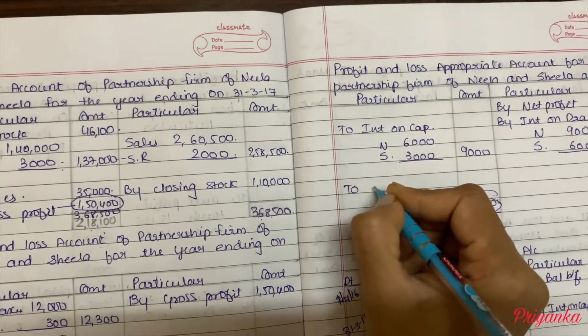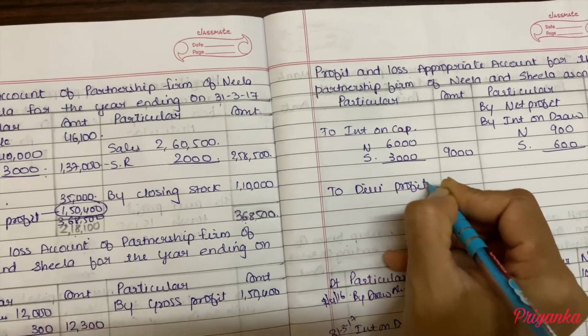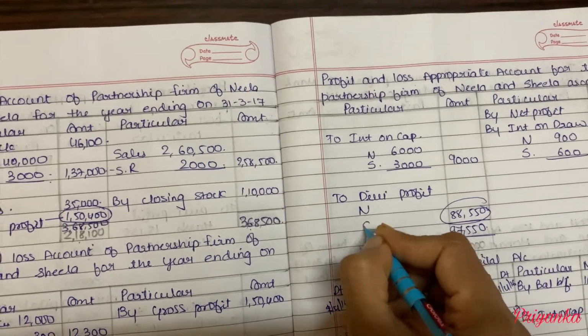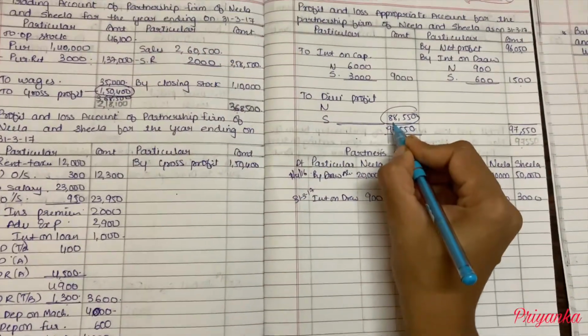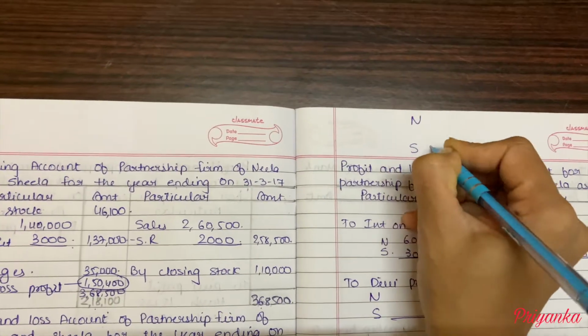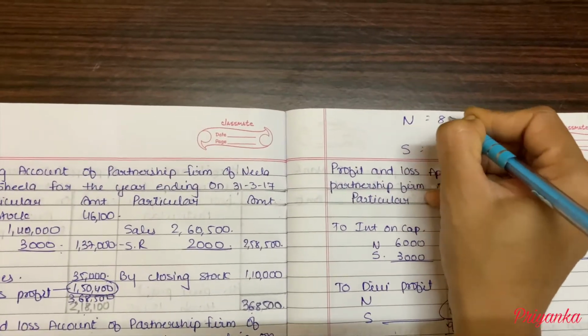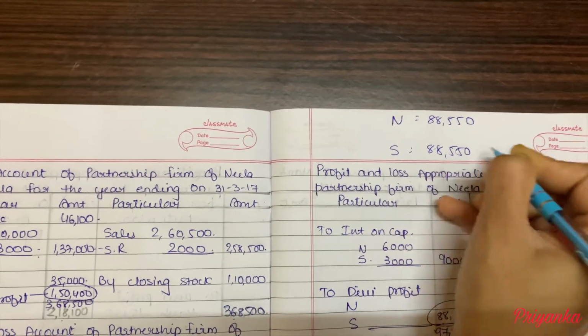So that's the divisible profit, which will be distributed between the partners in their 2:1 ratio. So take the 88,550. I'm putting this calculation over here. 88,550 for both the partners.